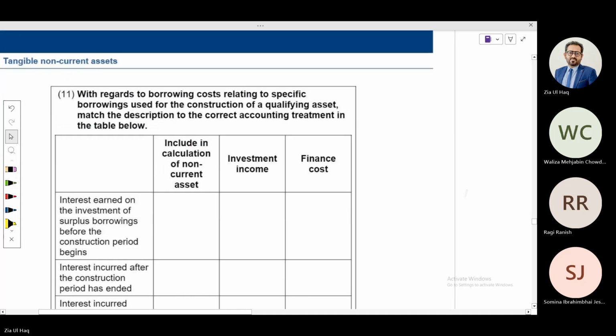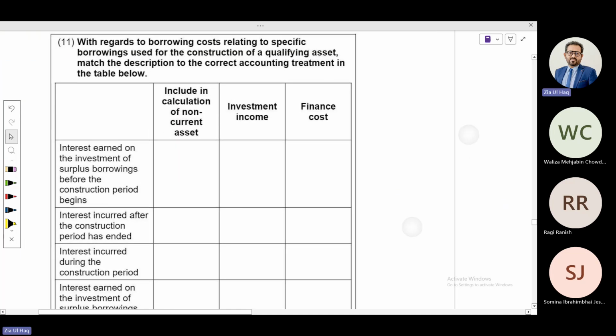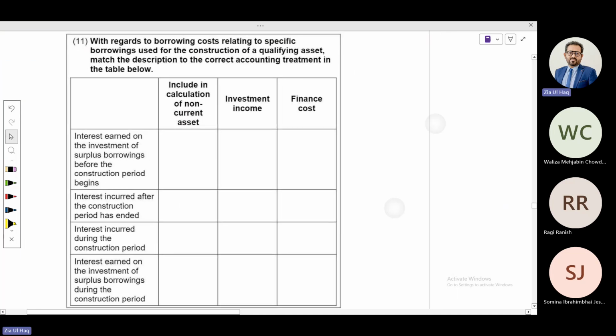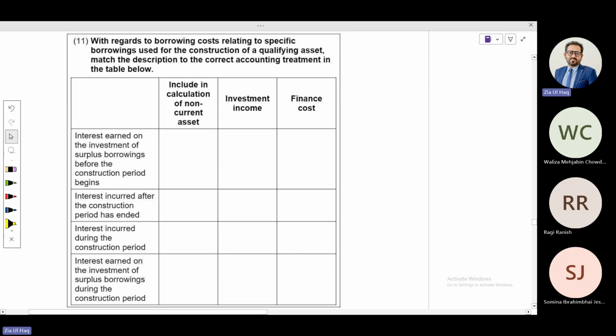Number 11. With regard to borrowing costs relating to specific borrowing used for the construction of a qualifying asset, match the items to the correct accounting treatment in the table below. Interest earned on the investment of a surplus borrowing before the construction period began.